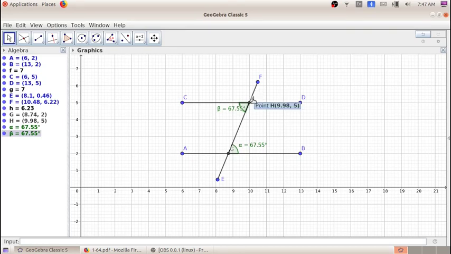And what are alternate angles? Angles formed on opposite side of the transversal. Here this is the transversal line, and this angle is at the left side of the transversal and this angle is at the right side of the transversal.